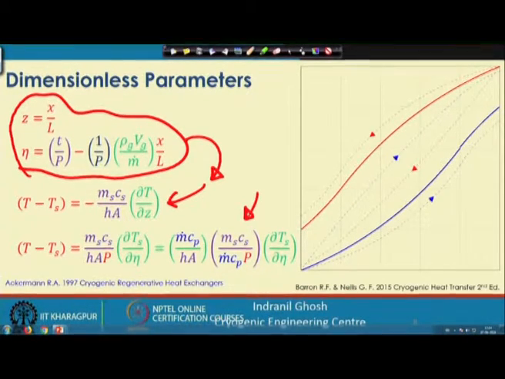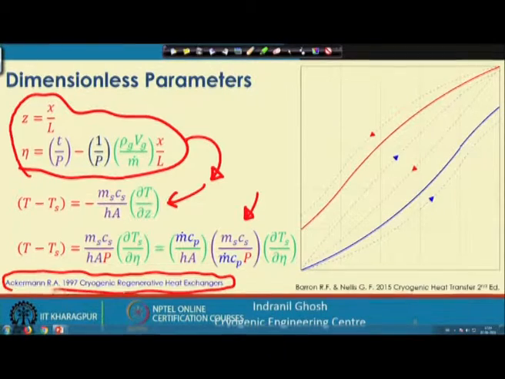So, finally, if we apply those boundary conditions and try to solve this, I will suggest that readers or students who are interested can look into Kays and London's compact heat exchangers or the regenerative heat exchanger book for the detailed analysis of this.